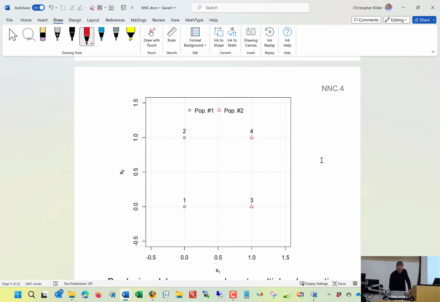Okay, so let's take a look at observation 1 here. It has a distance of 1 between observation 1 and 2. But it also has a distance of 1 between observation 1 and 3. So we have a different version of a tie here. How does R break the tie? Well, it will actually now include 2 and 3 in our calculation. So even though we say k equal 2, essentially k equal 3 is used here.